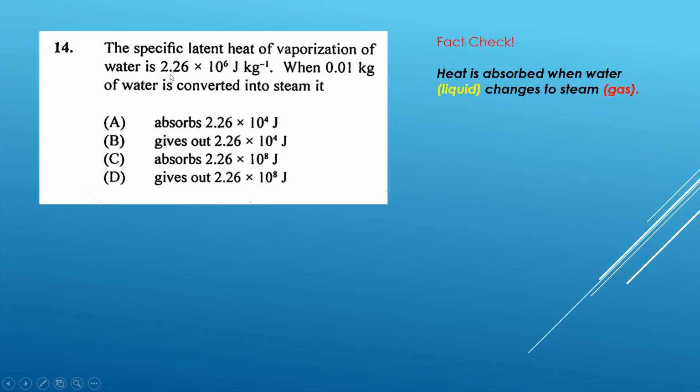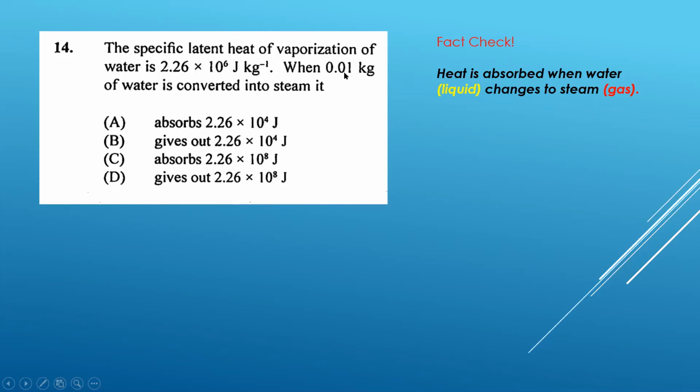Now what this is saying, 2.26 times 10 to the 6th power joule per kilogram. It's saying every kilogram of water that is converted into steam requires 2.26 times 10 to the 6 joules of energy.